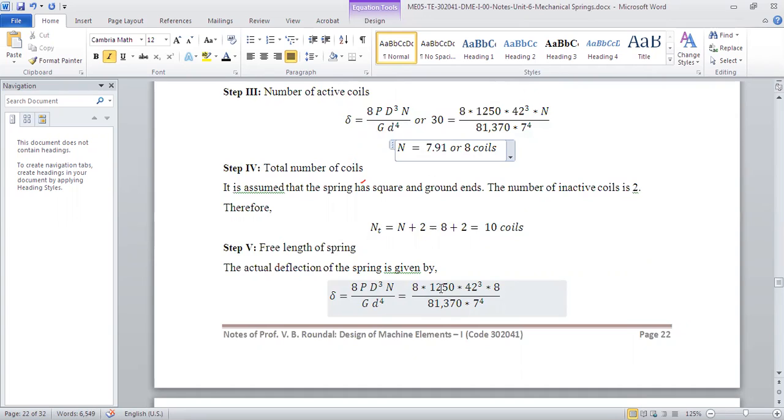So 8PD: P is 1250, D is 42, the number of coils is 8. We are not taking 10 because the last 2 coils will not be in action. They are not part of the deflection process. They will be touching the object, so those will not deflect. So delta will change because of 8. The only difference between this and this is the value of N. Here N was 7.991, here N is 8.